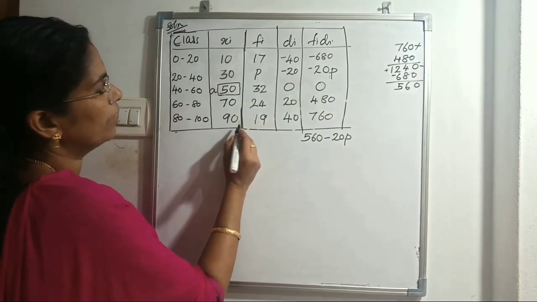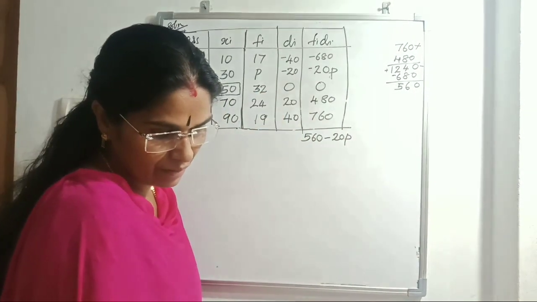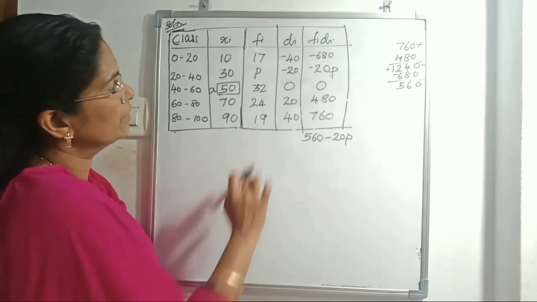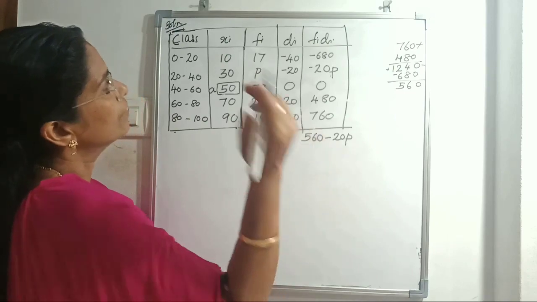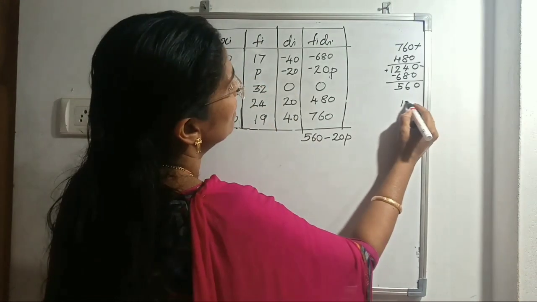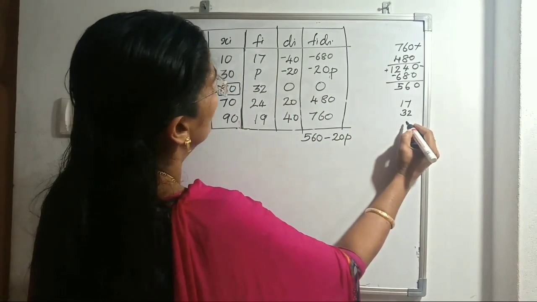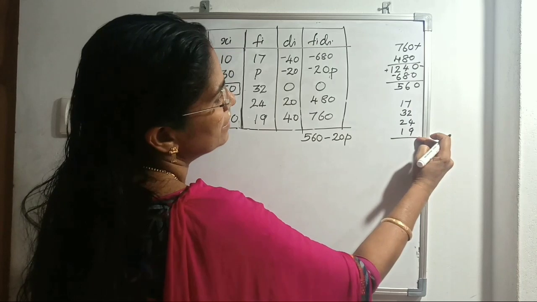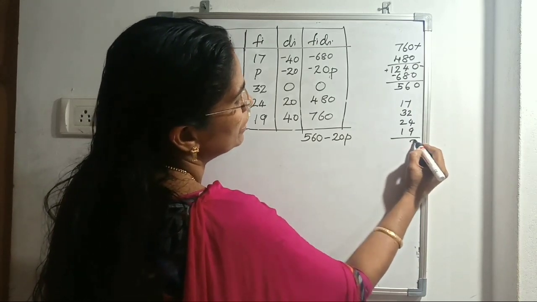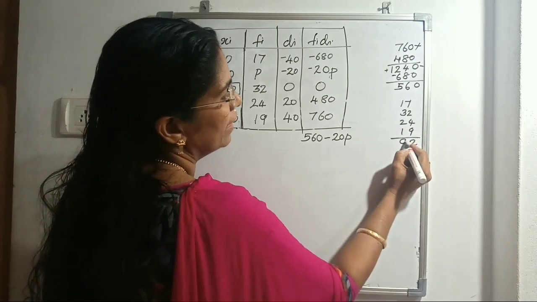What is sigma fi? You have to add all these frequencies. 17, 32, 24, 19, that makes 92.